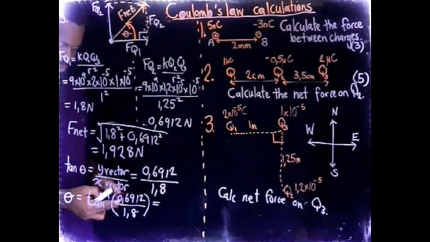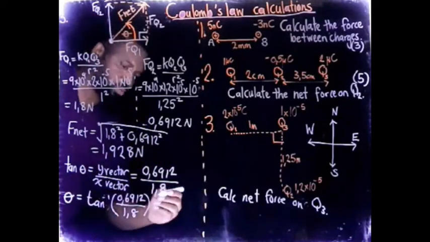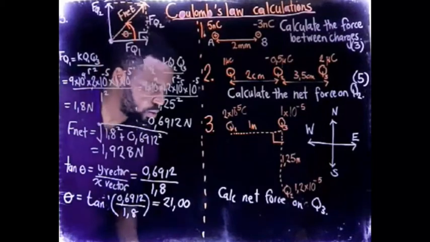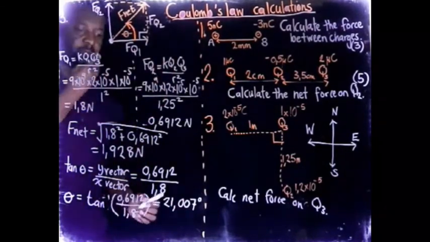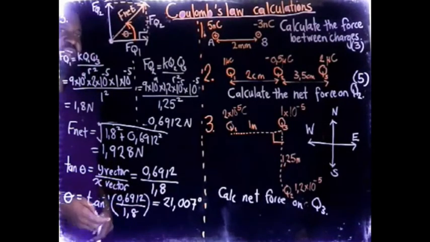So shift tan. The ratio is 0.6912 over 1.8. 21.006, or 21 degrees. Okay. Now I've got the angle.